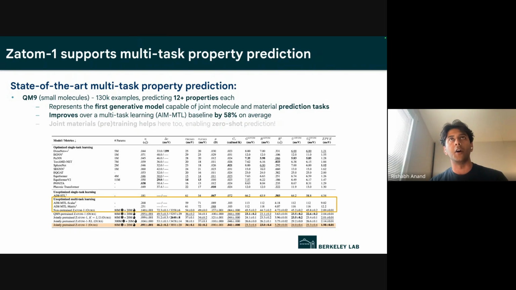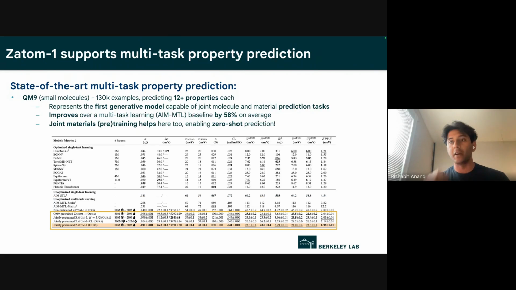We are outperforming them by about 60%, which is good to see. Again, as has been the broad theme for the presentation so far, jointly training on both materials and molecules definitely helps. So when you take this pre-trained model, fine-tune it on both materials and molecules, you can basically do zero-shot prediction out of the box.